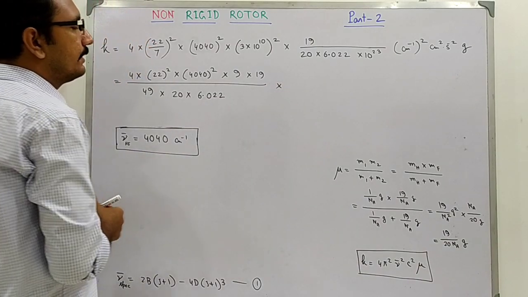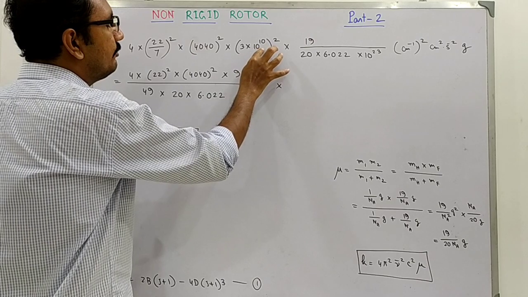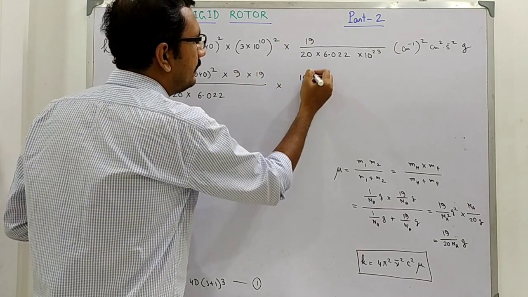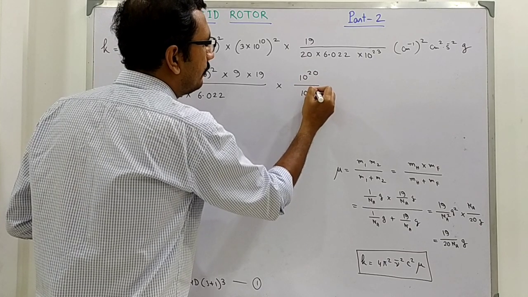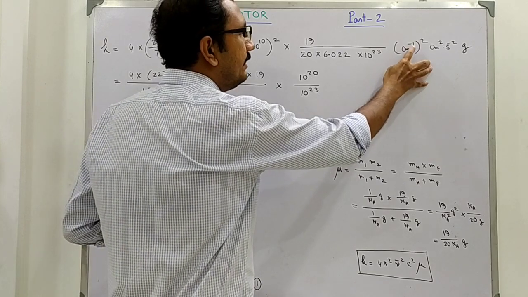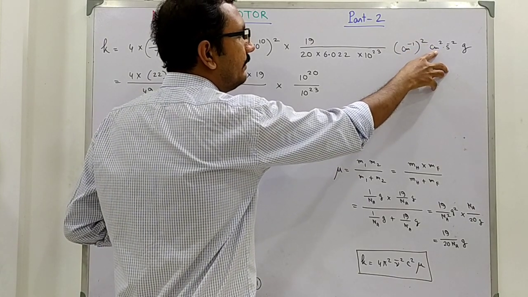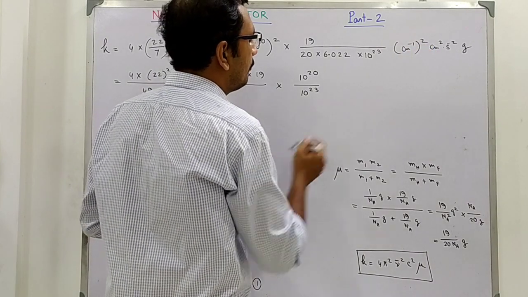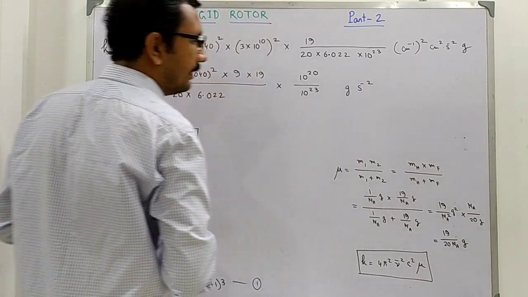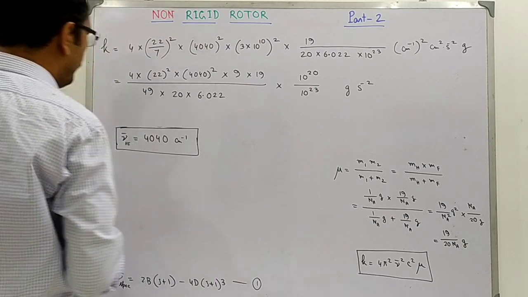Now the powers are left, so here it will be 10 to the power 20 and here it is 10 to the power 23. Check it. Now this centimeter inverse squared will nullify this centimeter square. So we will have gram per second square left over. Now we have to calculate this.